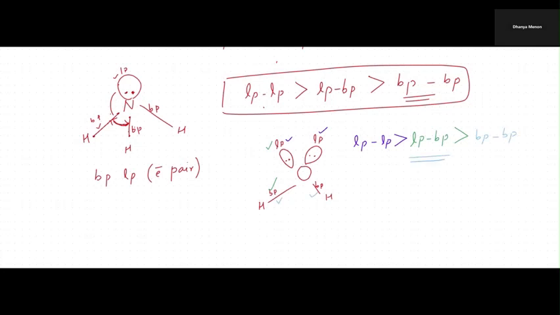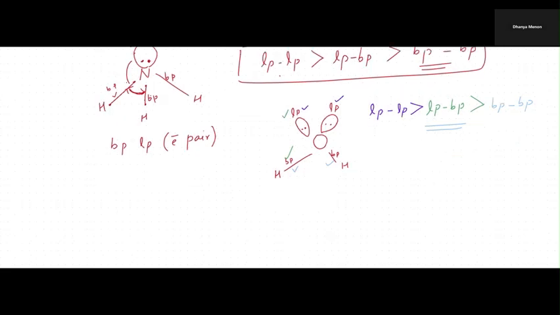VSEPR, valence shell electron pair repulsion theory, is all about these kinds of repulsion and how they tell about the shape of the molecule. Okay.